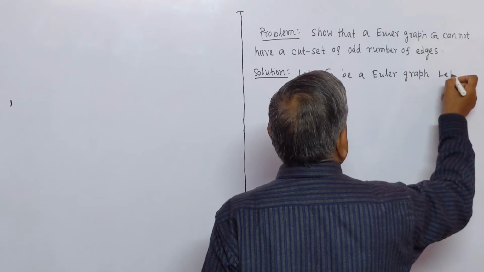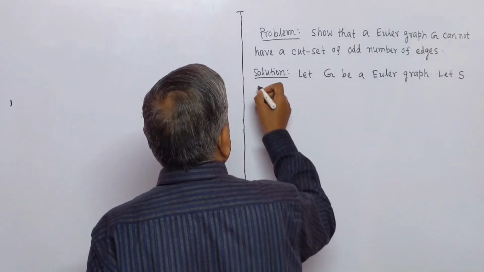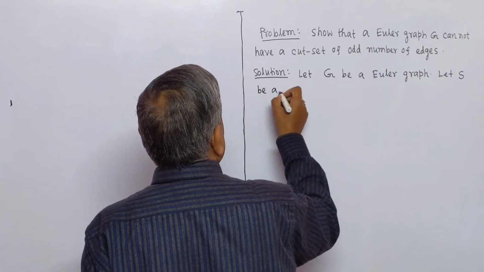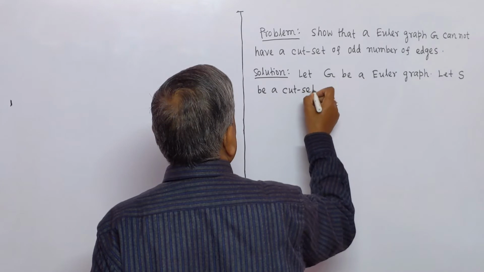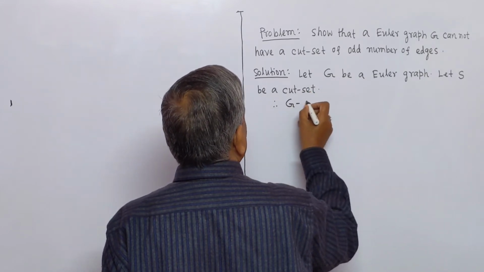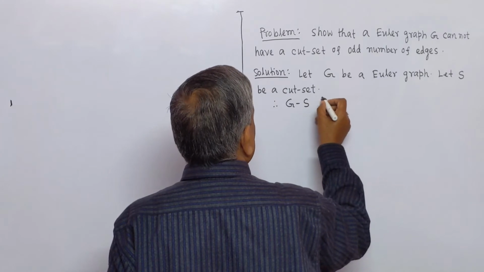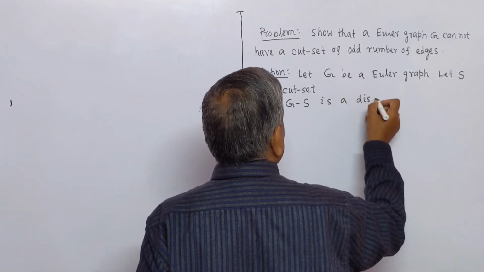Let S be a cut set. Therefore, G minus S is a disconnected graph.